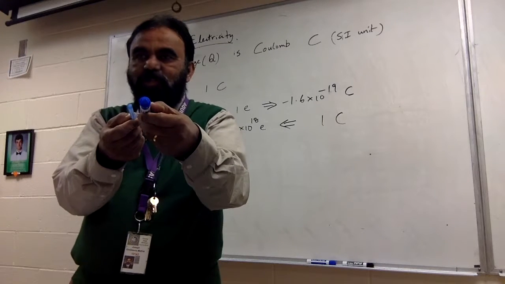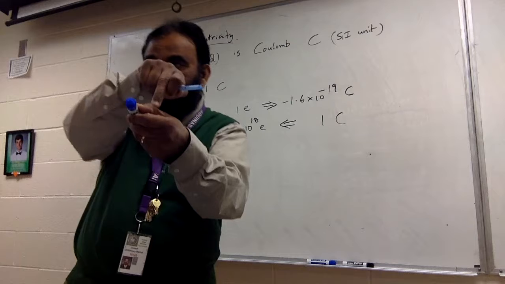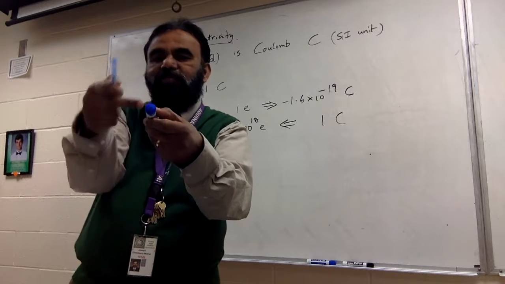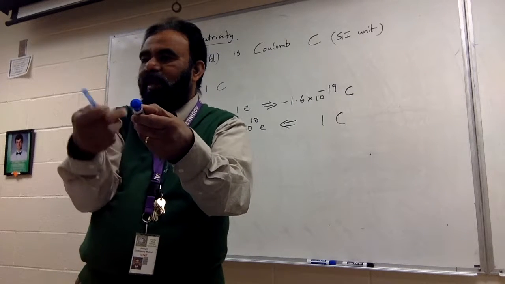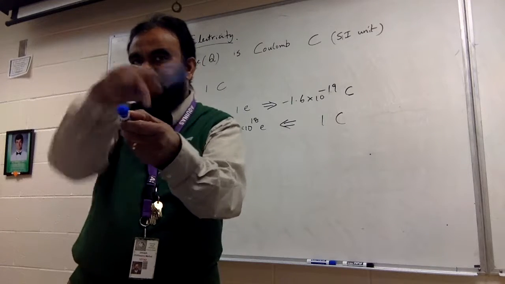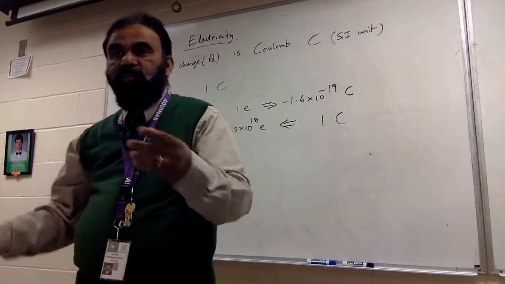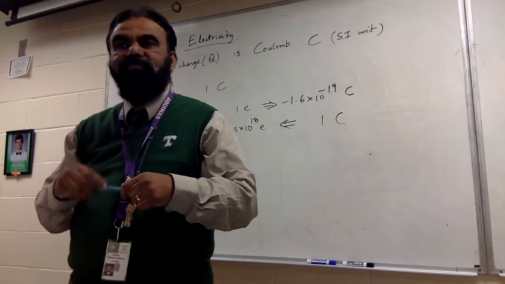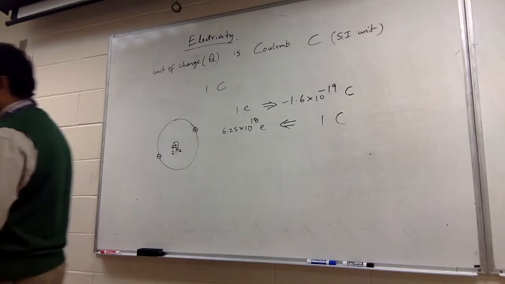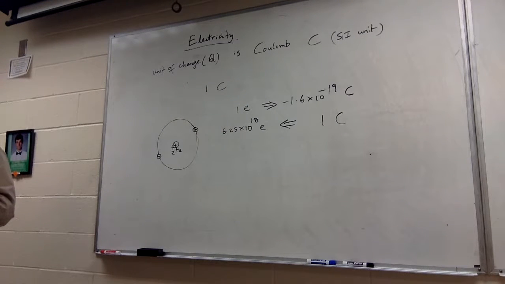When I bring it next to the marker, the negatives from the marker move away from it, making this side positive. Because this is negative, this side becomes more positive than the other side, so it starts attracting. It's always going to be attraction. And I also showed you with the water, right, before? I must have shown that. I can show it again.